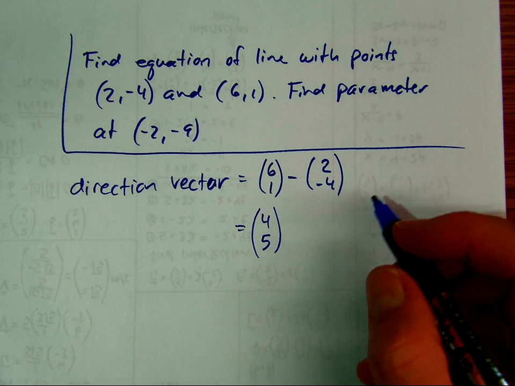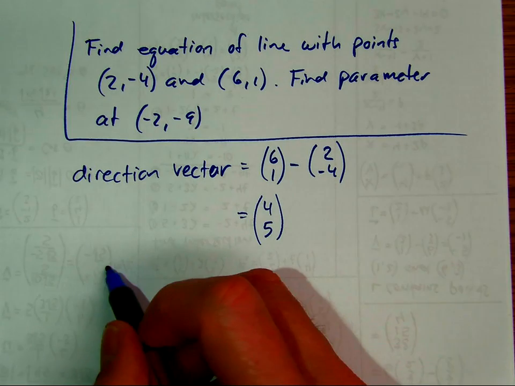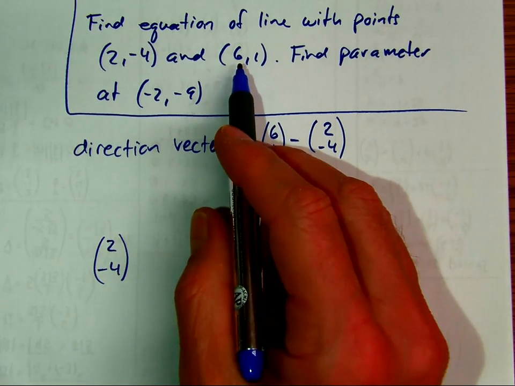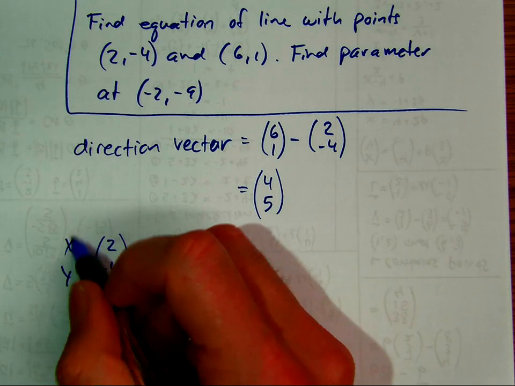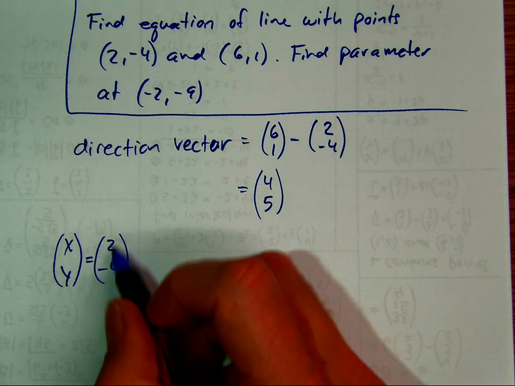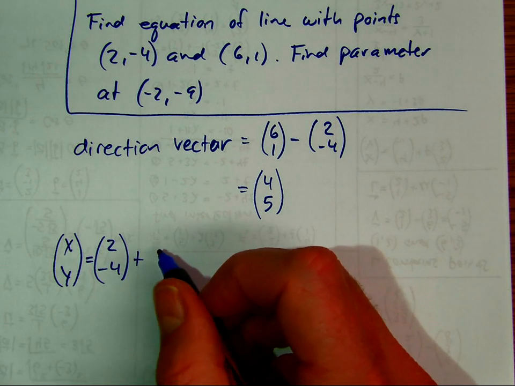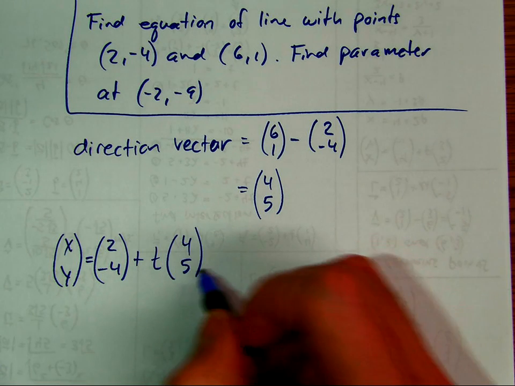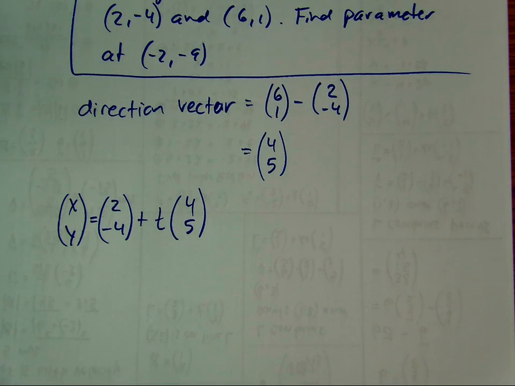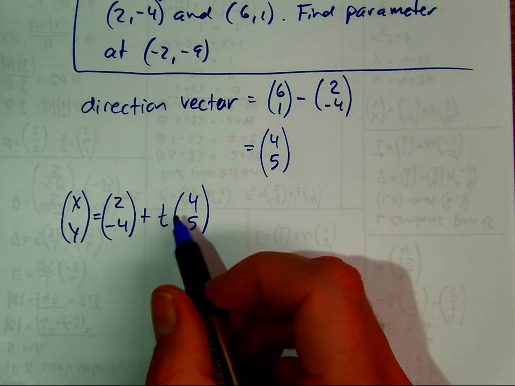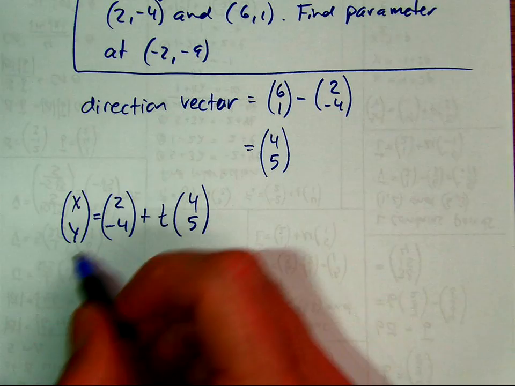We need a starting point, 2, negative 4. We could also use that point. It doesn't matter. So any point on the line is a starting point, or a point on the line, plus a multiple of the direction. We want to know what is t when at this point, at negative 2, negative 9.